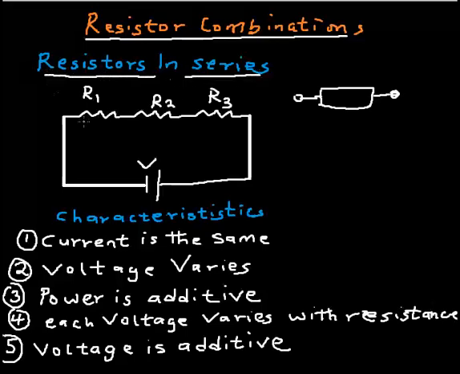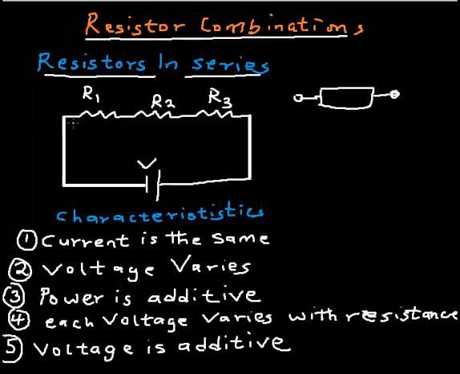Now this particular circuit diagram shows three resistors connected in series. Resistors are connected in series when they are connected end to end. Let me put it this way: the positive terminal of one, let's say we divide them into positive and negative.